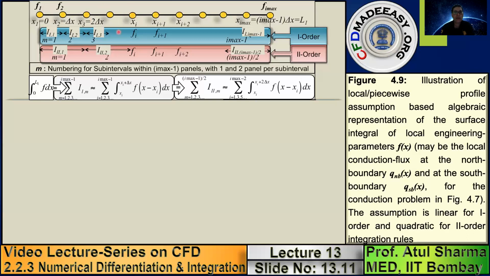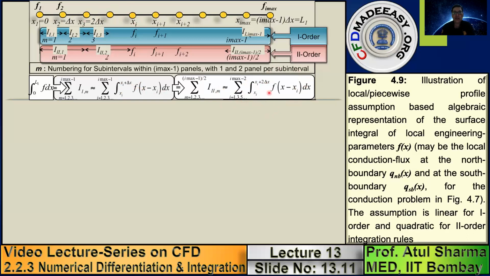So you take 3 points. In the earlier case, the limit of the integral was between xi and xi plus delta x. Here it is 2 delta x. So this formula is for one subinterval consisting of 2 panels, and then you sum it up over all subintervals.